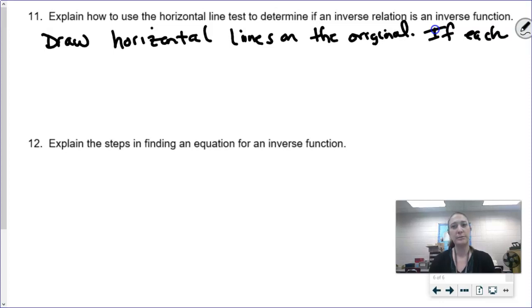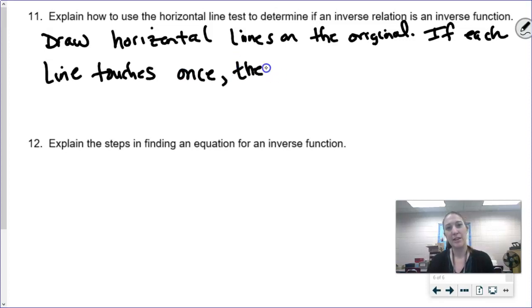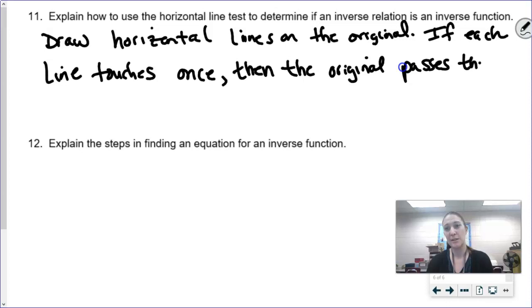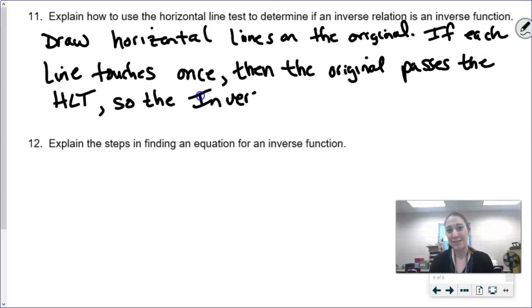If each line touches once, then the original passes the horizontal line test, so the inverse is a function.